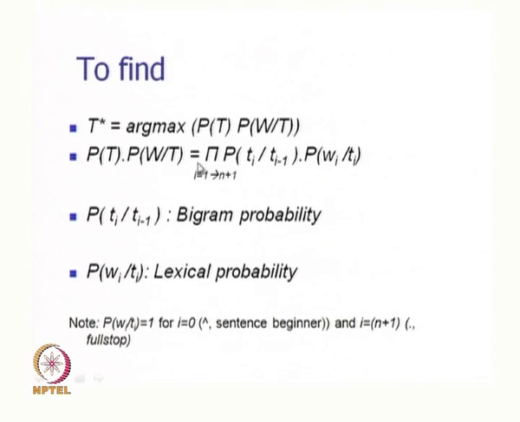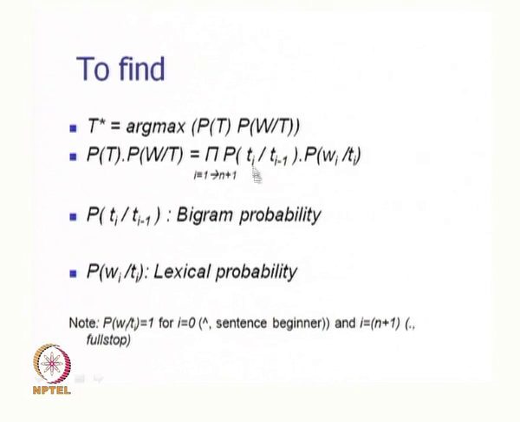Now, P(t) into P(w given t), after mathematical operations done in the last class, comes out to be equal to the product of P(t_i given t_i-1) into P(w_i given t_i). This came from the derivation that P(t) can be modeled as a bigram probability.